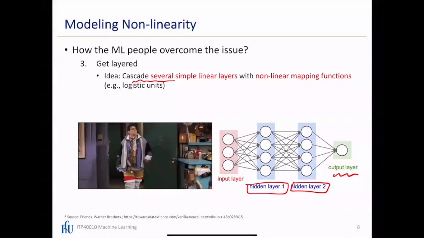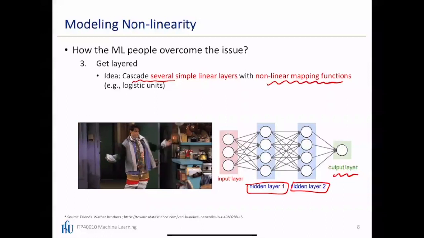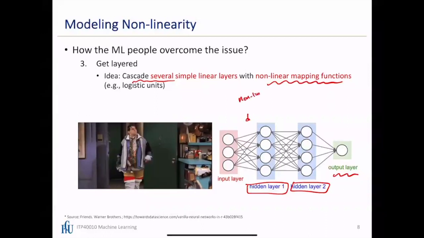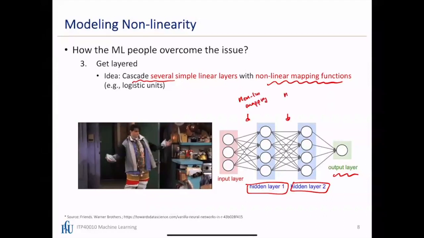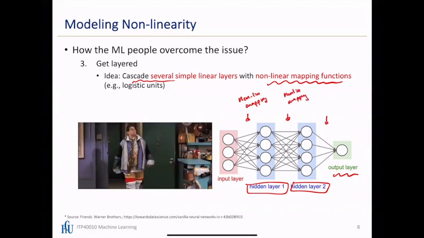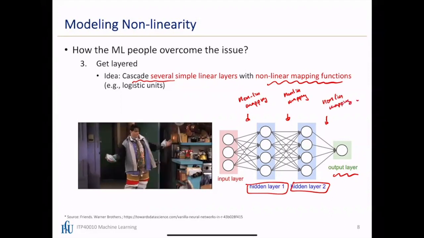And in between them, we want to add some nonlinear mapping function, in between layers, like this.